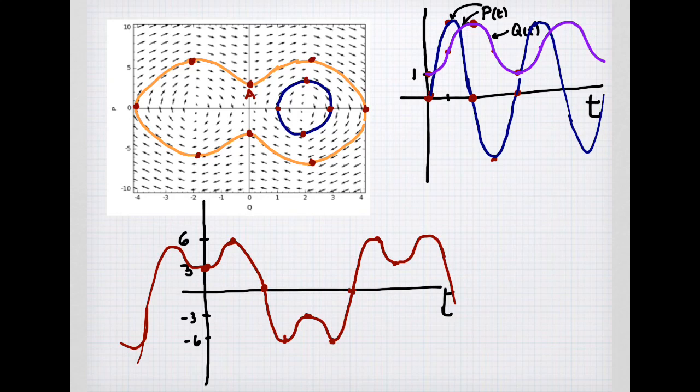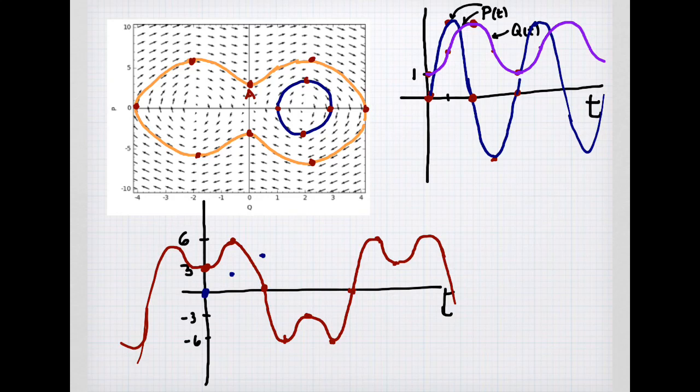If I now look at my second curve, my Q curve, at A, I'm at a value of 0. At the next point, I'm at about 2. And I increase all the way until I get to 4.